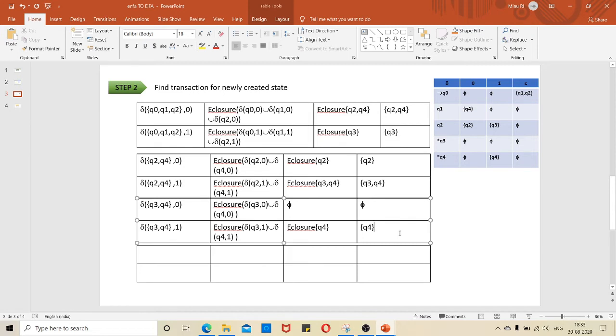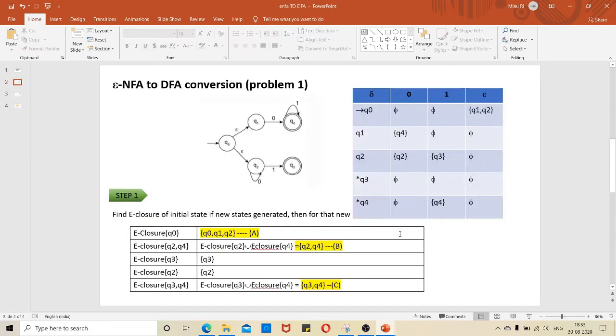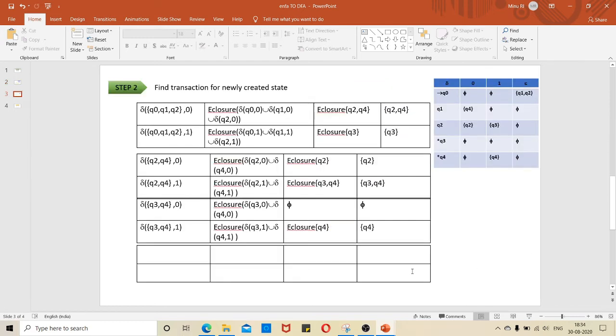Okay. So I hope we haven't got any other new state. Am I right? We have got this state and this state, and we have handled all those states. Do we have any other new state to check? We don't have any other new state. I think we can tabulate it. Before that, here you can see that we have Q3 as one state, Q2 as one state, and Q4 as one state.